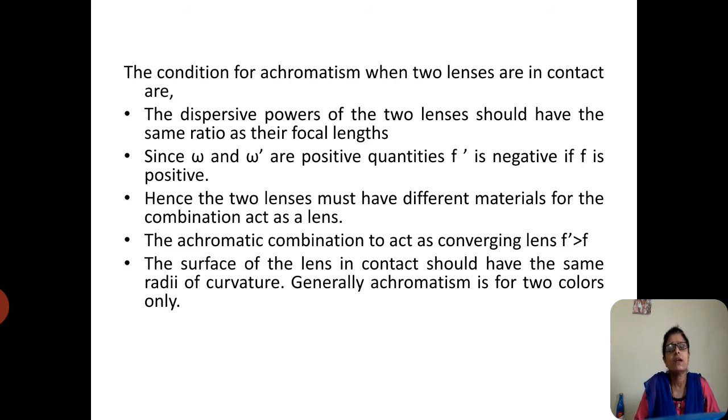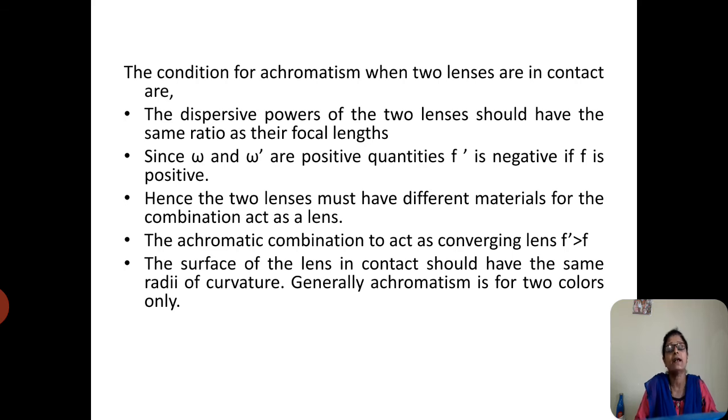Since omega and omega dash, the dispersive powers of the crown glass and flint glass, are positive quantities, f dash is negative if f is positive. Therefore f and f dash must have opposite signs.